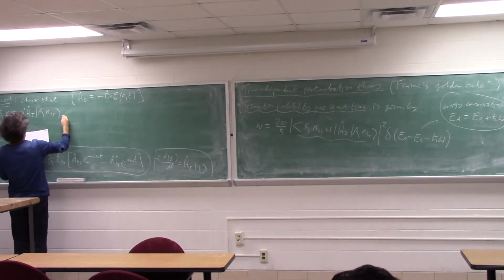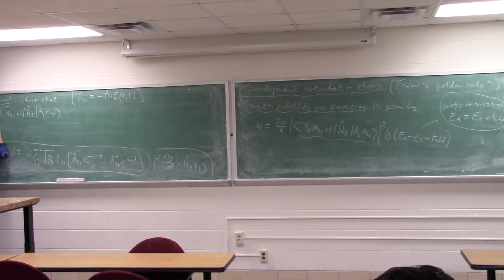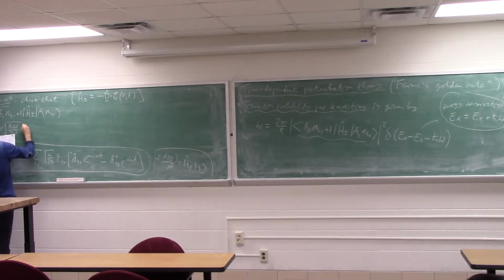And this is given by i times the square root. Let's put in some h bars: there's an h bar omega here, over 2V.